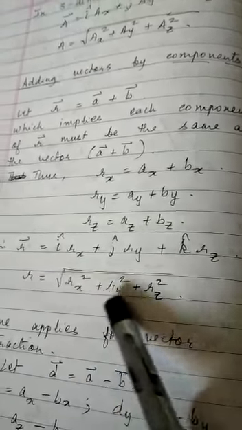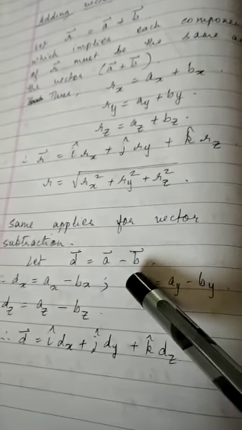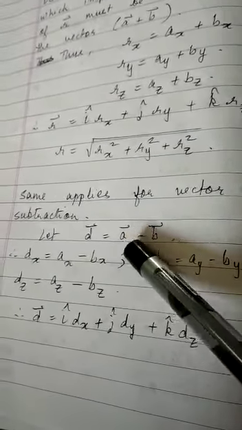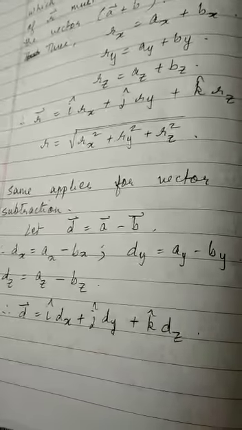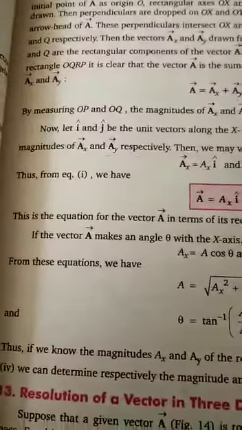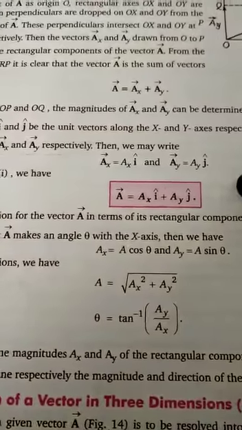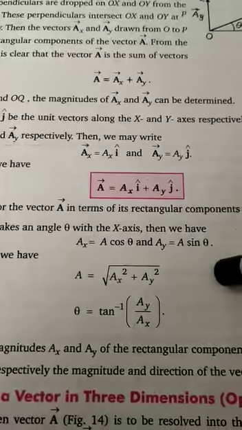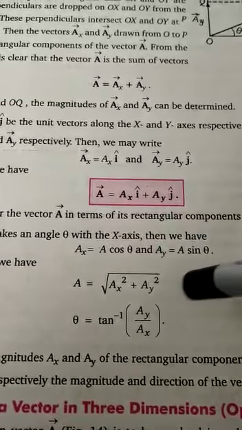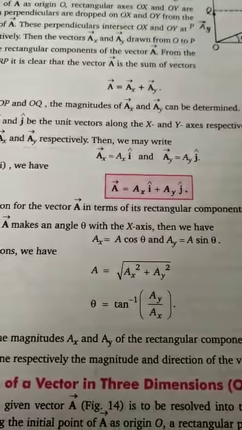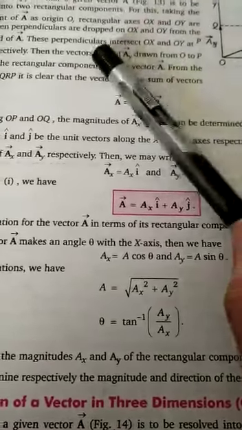And then this is the magnitude of the resultant. The same rule applies if you are to subtract two vectors; the same rule will apply for addition and subtraction of vectors. So this is the use of components of a vector. And of course there will be many more uses which we shall study further on.